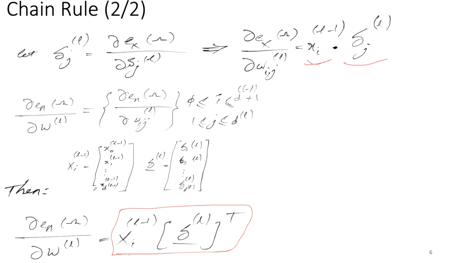And we reach the point where, in order to compute the partial of E_n of our weights with respect to those weights, we need to compute the xi of the previous layer multiplied by something we call delta L. And this is a transpose of the vector in vector space.